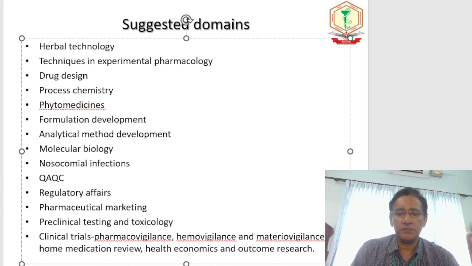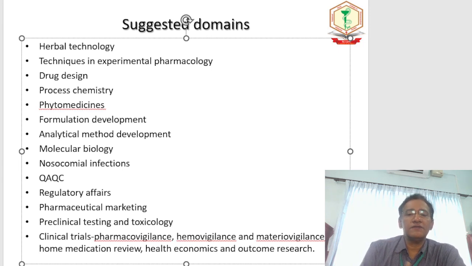Here we could see a plethora of domains with all the departments. We can see pharmacognosy, pharmacology, pharmaceutical chemistry, pharmaceutics, even pharmacy practice, regulatory affairs, marketing.